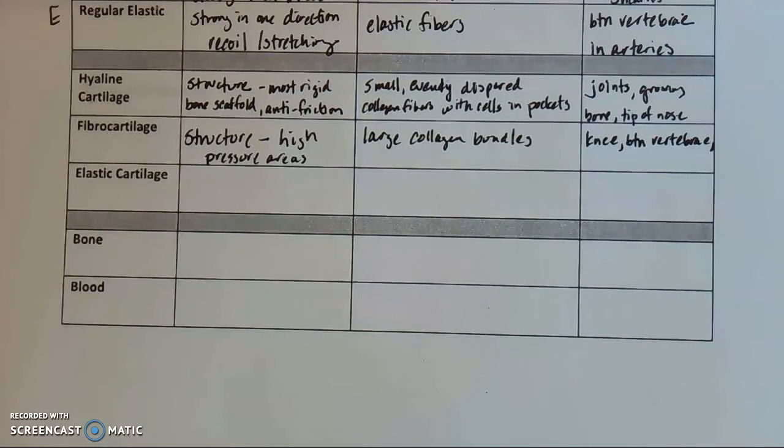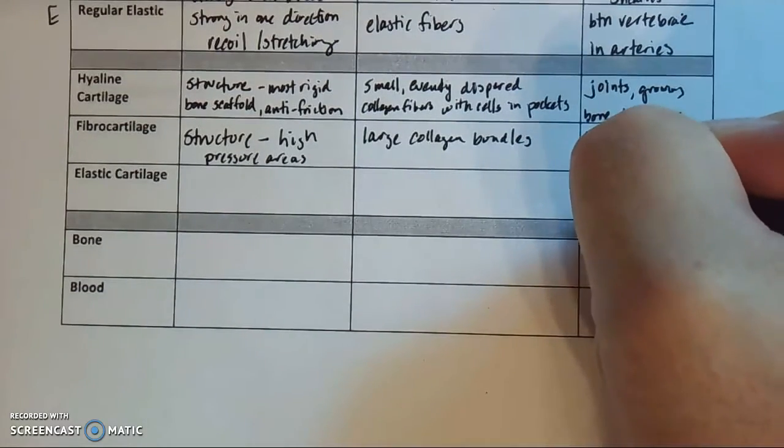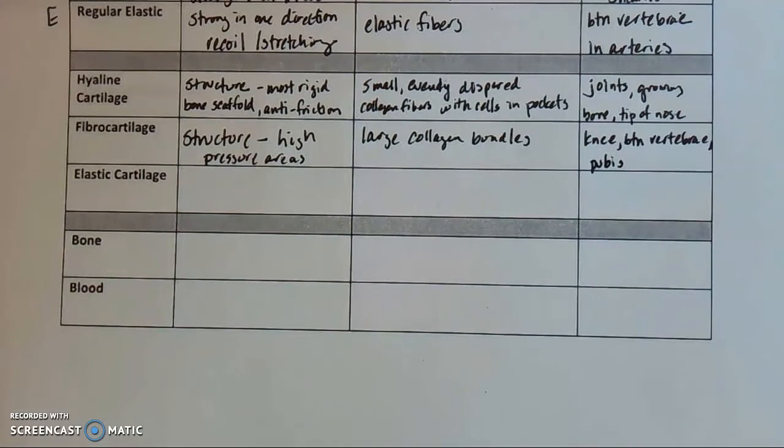So if you've heard of somebody that slips a disc, the inside of the fibrocartilage disc has broken open, and some of that material could be pressing on the spinal cord and causing a lot of pain. And it is in the pubis. So in the front of your body, you have your pelvic bones coming together right above your genitals, and there's a disc of cartilage that attaches those two bones, and it's fibrocartilage.